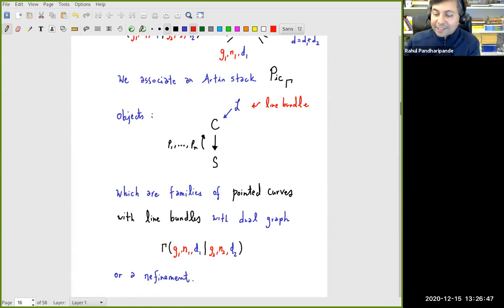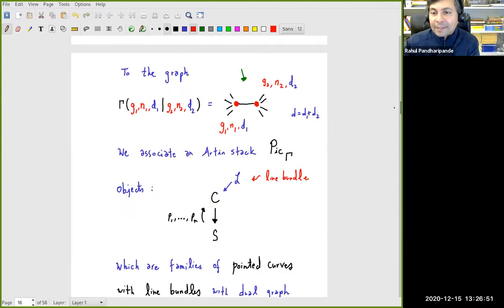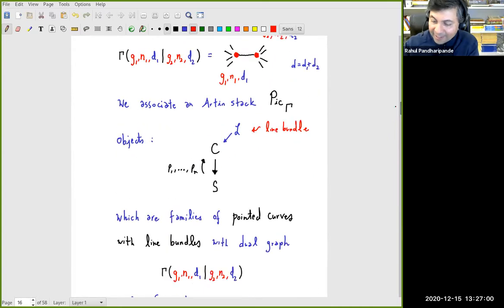So to this graph there is an actual moduli space. That's the space of line bundles on degenerations. And the point is that they're already glued.